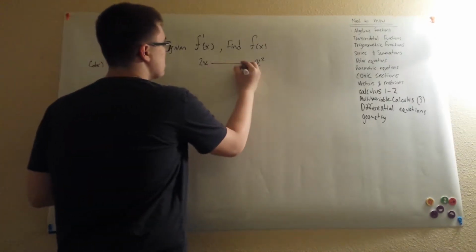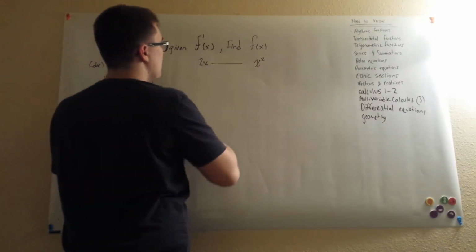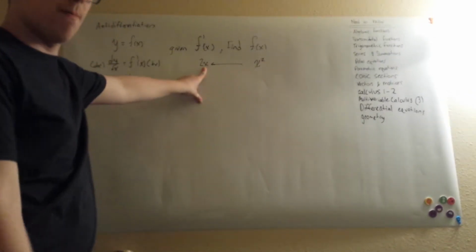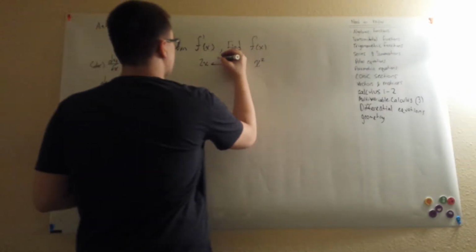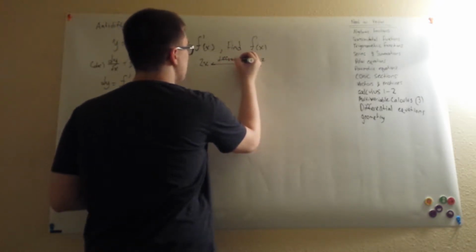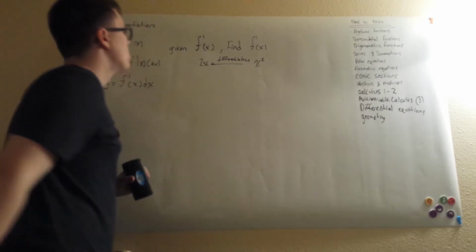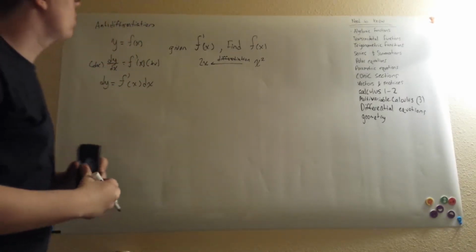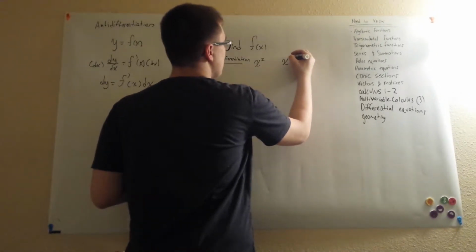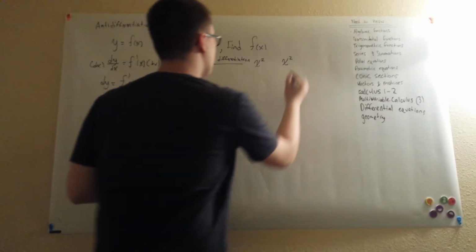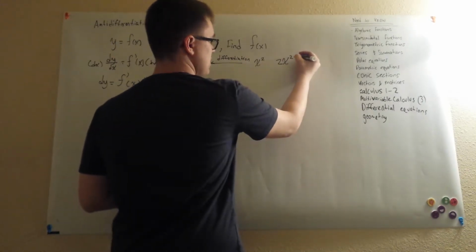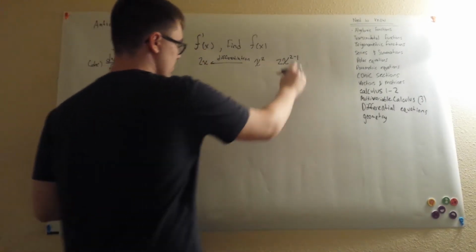What steps did I need to take in order to get from here to there? This is also called the process of differentiation. So what did I do? Well, I basically took the 2, put it down here, and subtracted 1 from the exponent.